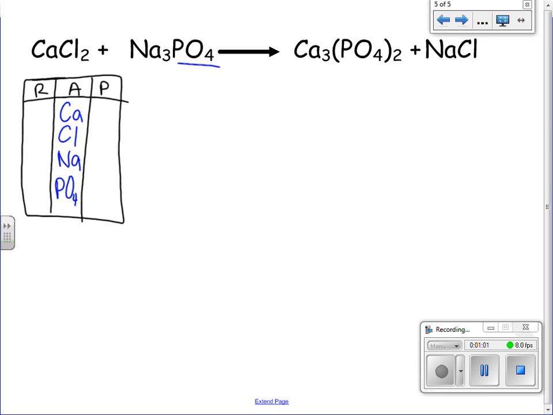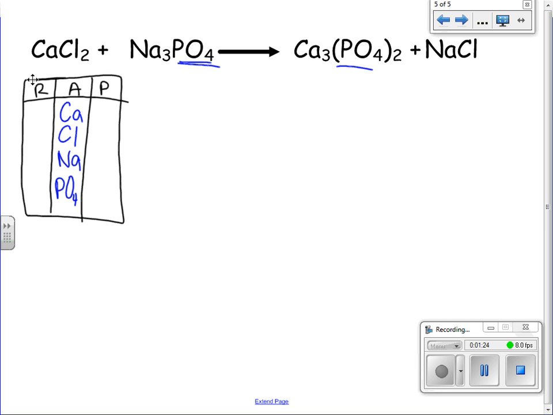We're going to treat it like a single element atom when balancing this equation, because phosphate appears on both sides of the equation, right? Whenever we see a polyatomic ion that appears on both sides of the equation, in the reactants and in the products, we can treat it like a single element atom.